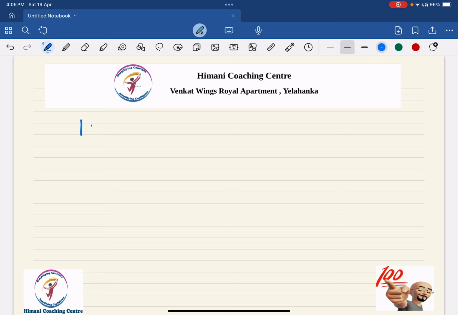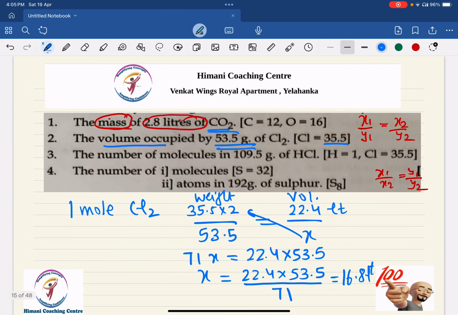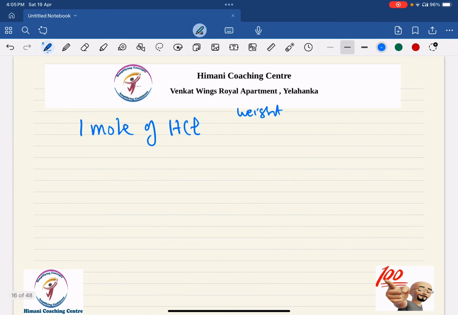First let us figure out the weight of 1 mole of HCl, because they are asking us about weight. H is 1, chlorine is 35.5. If you look here, they have given you the weights. So that would be 36.5.